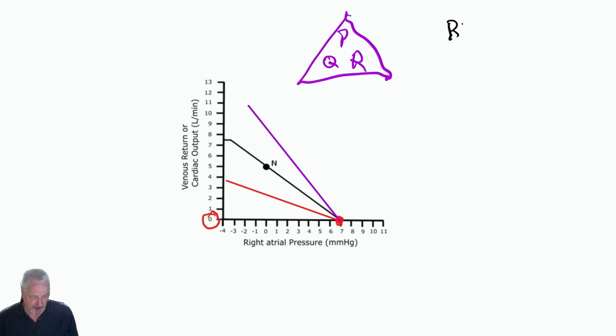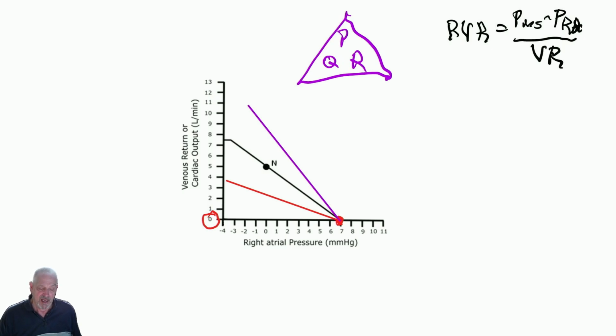Resistance to venous return is equal to Pms minus RAP over venous return or cardiac output. And what we want to look at here is whether this slope is representing a pressure drop over a flow or a flow over a pressure drop.